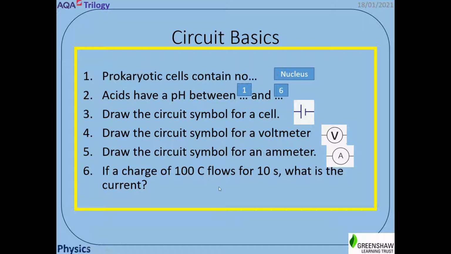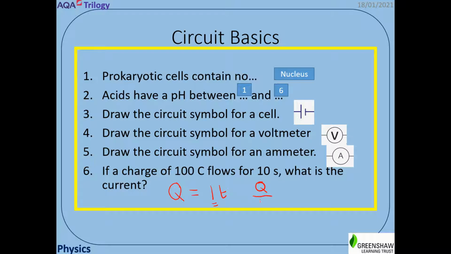If a charge of 100 coulombs flows for 10 seconds, what is the current? So we need to remember the equation that we learned yesterday. Q equals I times T. Now we're being asked to find I, and we need to be able to rearrange this equation to make I the subject.